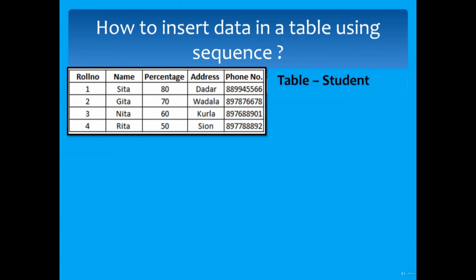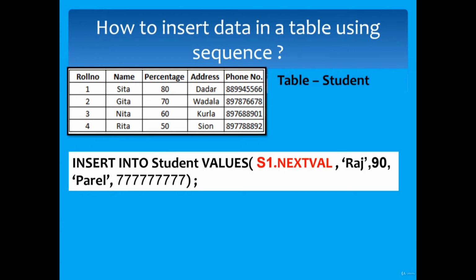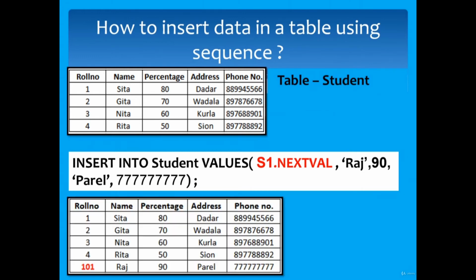We will write a DML statement, insert into student values (s1.nextval, 'Raj', 90, 'Parel', 77777); This statement will add a new row of data in existing student table. S1.nextval will return value 101, which is the next value of sequence S1.